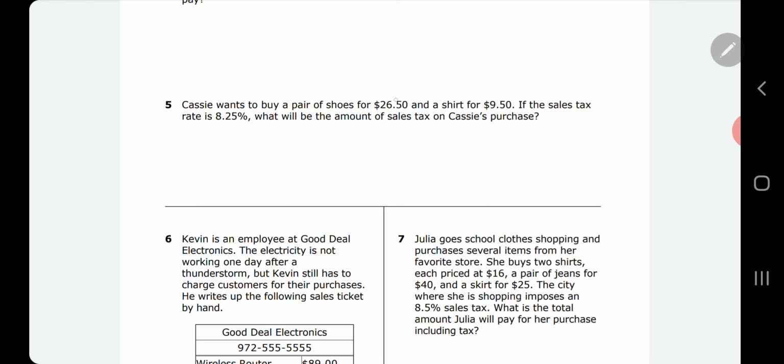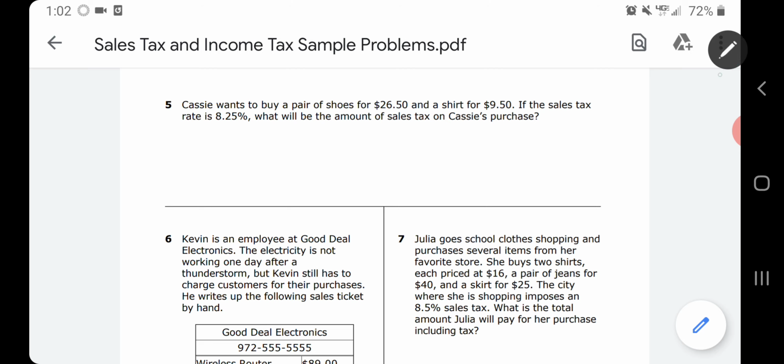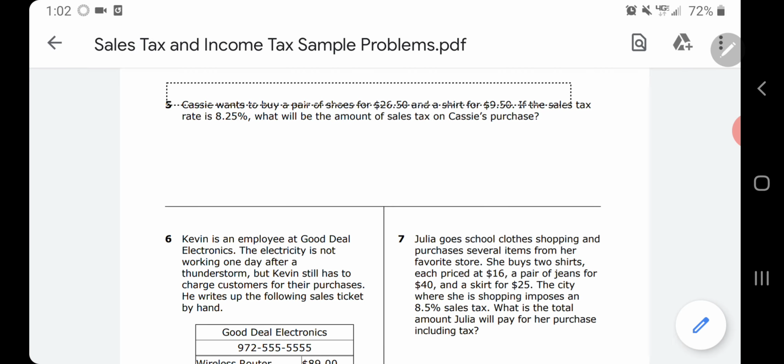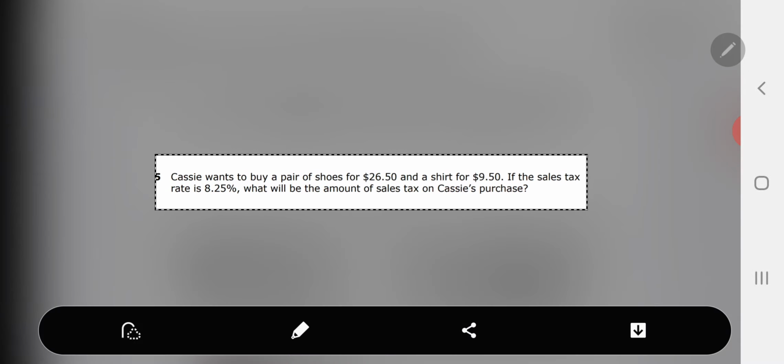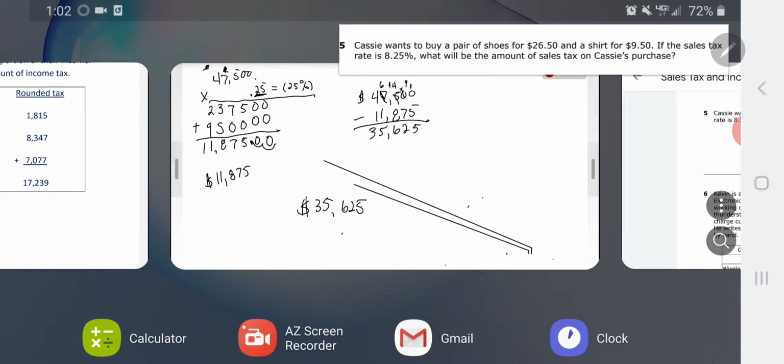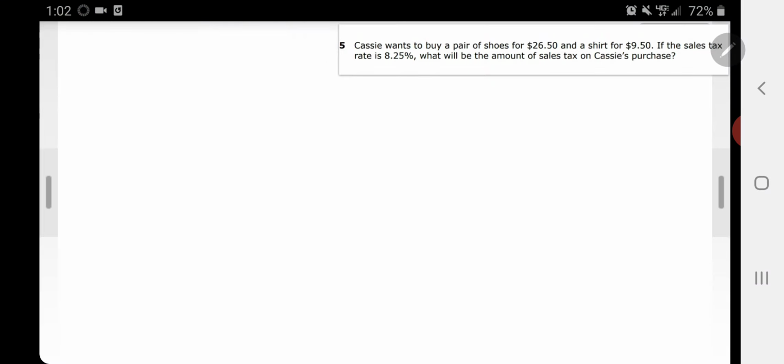So we'll need to find the subtotal of the 2 items together. Okay, so first thing we need to do, of course, is add up the pair of shoes of $26.50 and add it to 9.50.